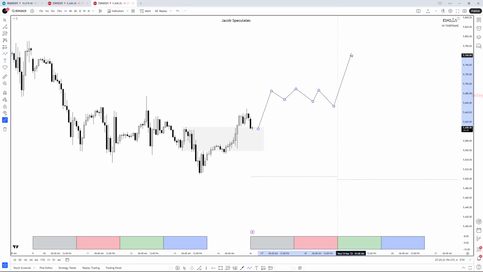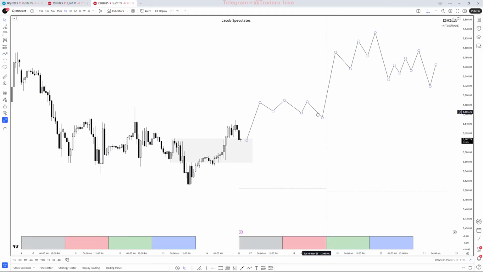FOMC delivers higher, and then we see some form of TPD or SMT here, forming the high of the week, and then that's it, right? Or the low of the week would be here, high of the week would be here.